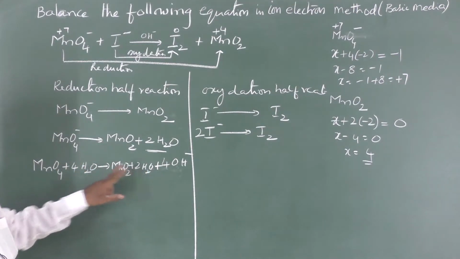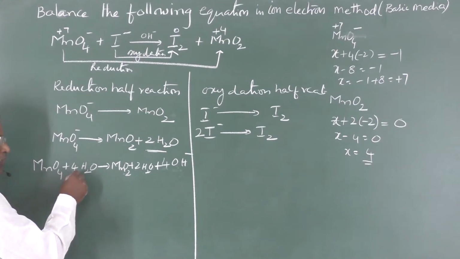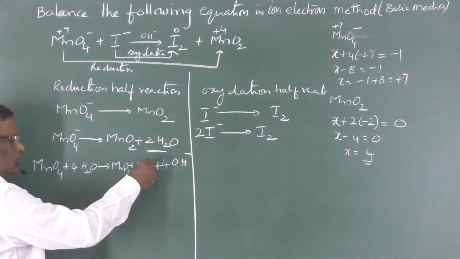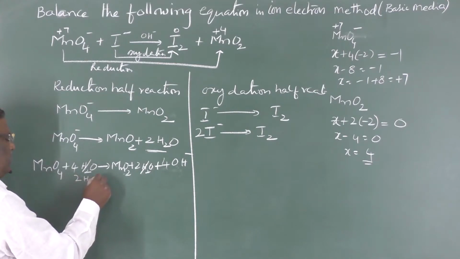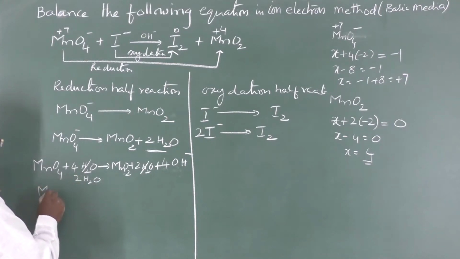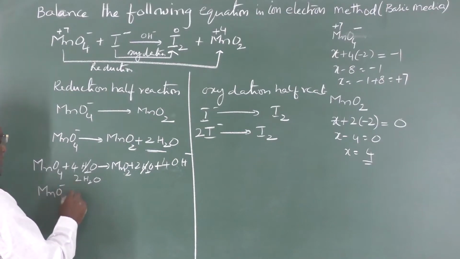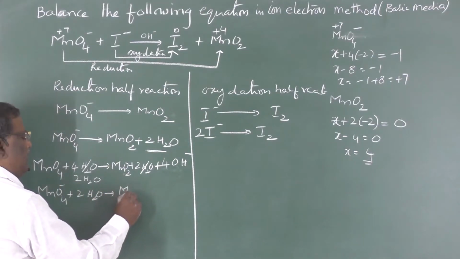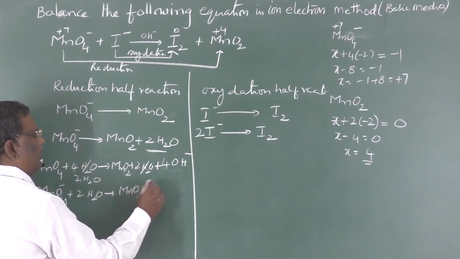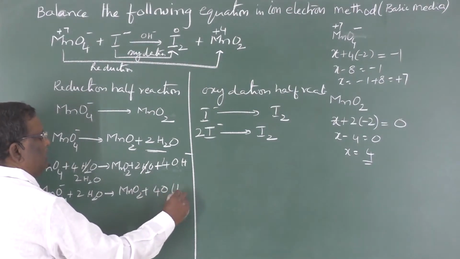This side you have H2O and this side you have H2O. Here you have 4H2O and here you have 2H2O. Now at this stage itself we can balance it. That means MnO4 minus plus 2H2O gives MnO2 plus 4OH minus.